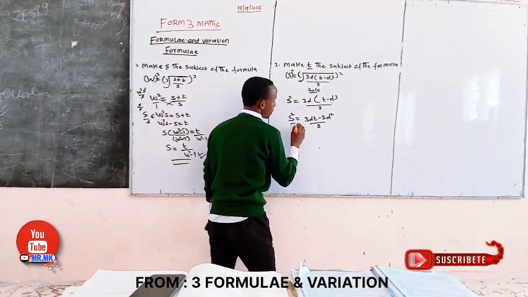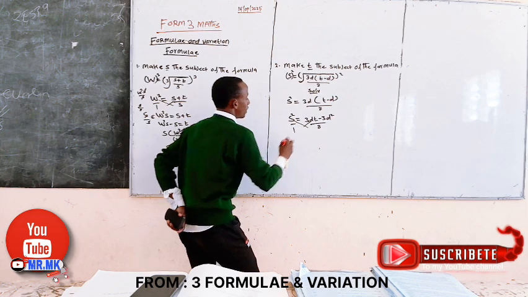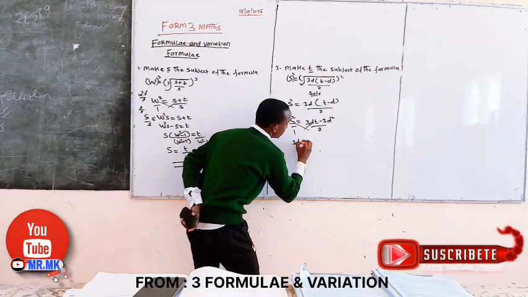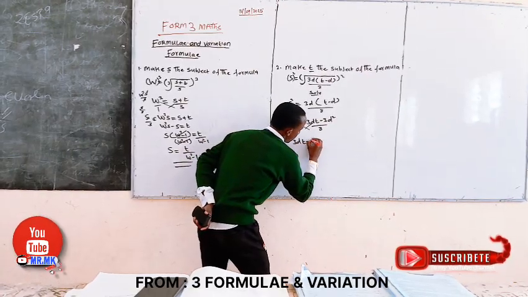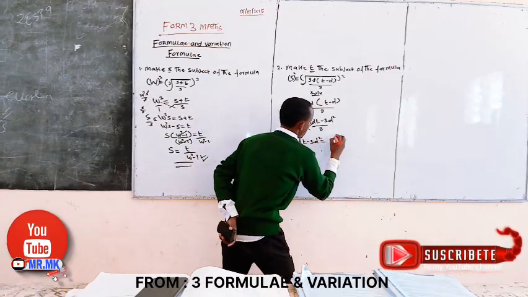So that one I just cross multiply. For my case I will remain with over 1, right? 3dt minus 3d square will give me s square times 8.